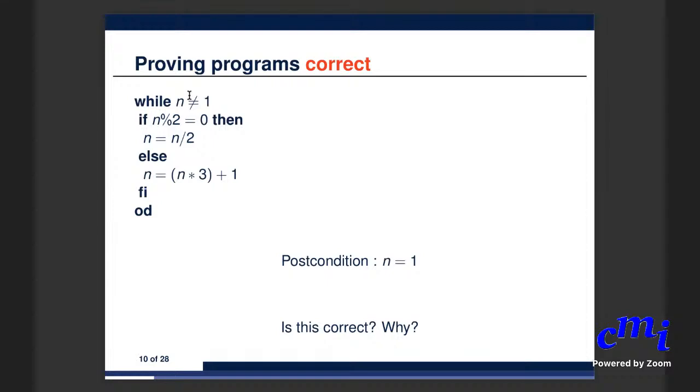And what Chandradeep said, that if n is a power of 2, then certainly it terminates. Therefore, you can ask: what is the weakest precondition for such a post condition?